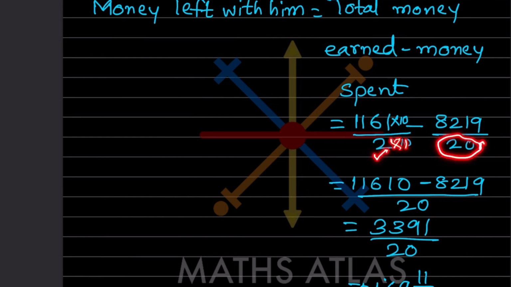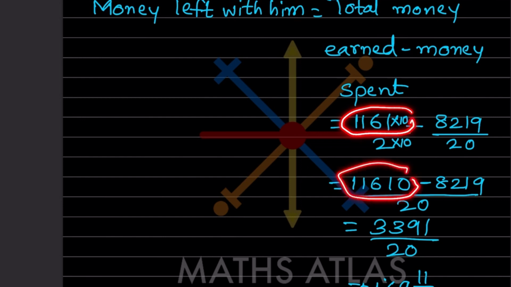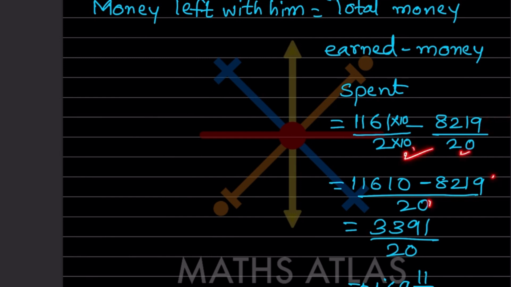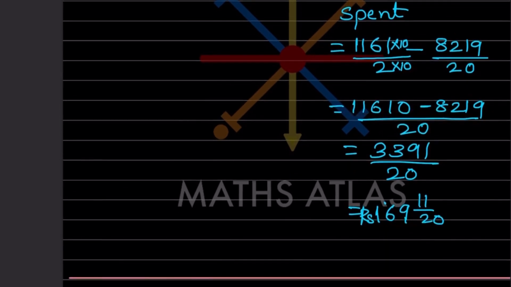I have multiplied this by 10, and since you have multiplied this by 10, the numerator also should be multiplied by 10 to make the denominator 20. So now you get 11610, and here is 8219, and this 20 you write only once, and when you subtract it, you get 3391 divided by 20.